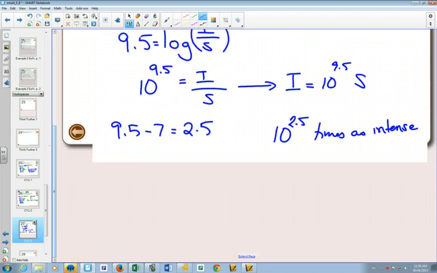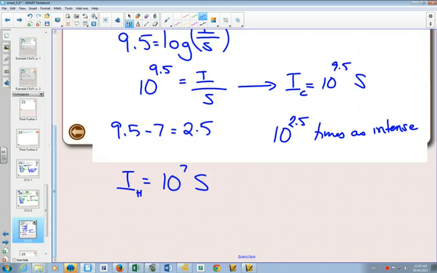Now for this one, using the formula, we've figured out the intensity of the earthquake in Chile. We similarly could figure out the intensity of Haiti to be 10 to the 7 times the standard.